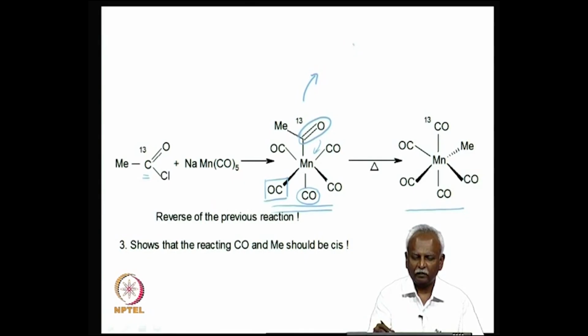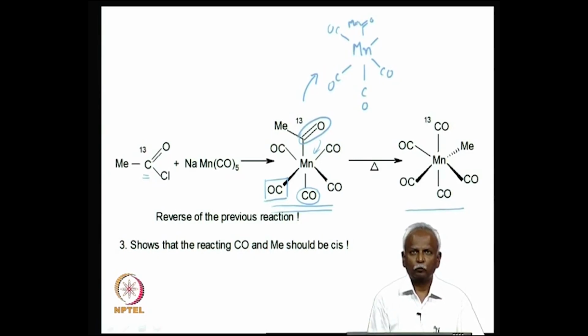You have an intermediate where you have a vacant coordination site, so you have this acetyl group, and then you have a vacant site generated because one carbon monoxide has left the coordination sphere, and now the methyl group migrates to that vacant coordination site.